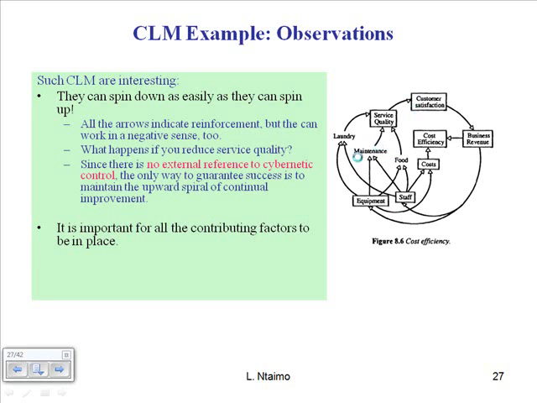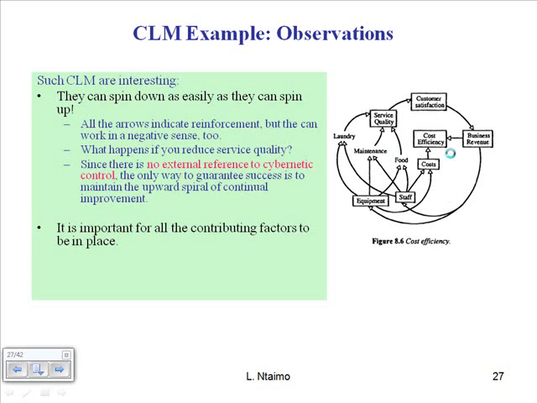When we look at this causal loop model, we should realize that this is ideal because there is no external reference to feedback control or a cybernetic model. This is just ideal. The only way to guarantee success is to maintain this upward spiral of continual improvement. That's what this is suggesting. This has to go on like this.